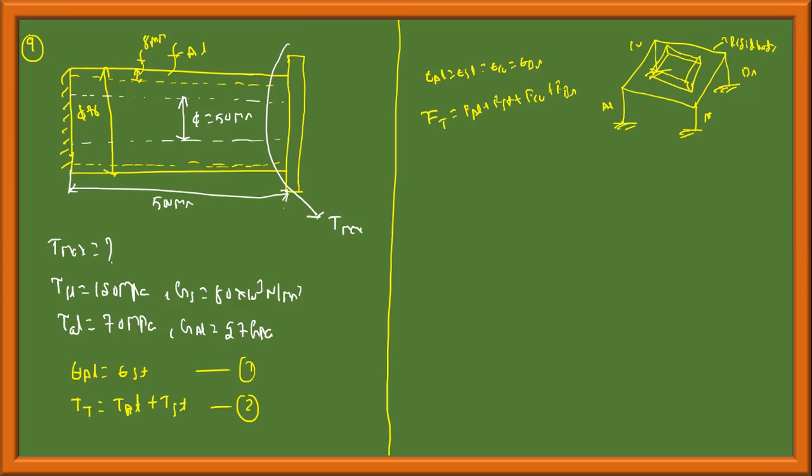When I say theta, you can write directly theta is equal to TL by GJ of aluminum, which must be equal to TL by GJ of steel. So T aluminum times length 500 by G aluminum, which is equal to T steel times 500 by G steel, which is 80 into 10 power 3 into pi into d power 4. We should find J for the aluminum diameter like this.